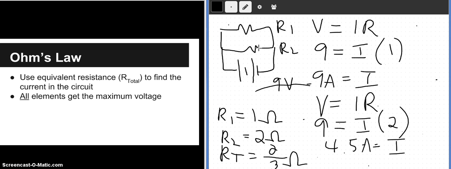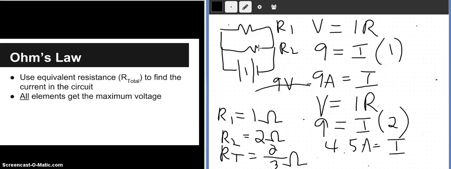So as I said earlier, they don't always split evenly, because the only reason they would split evenly is if they had the same resistance. So if one of them has more or less resistance, they're going to get more or less of the current. All right, so just to recap, for Ohm's law, equivalent resistance will find the total current in the circuit.